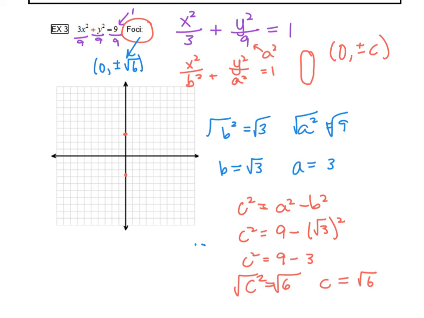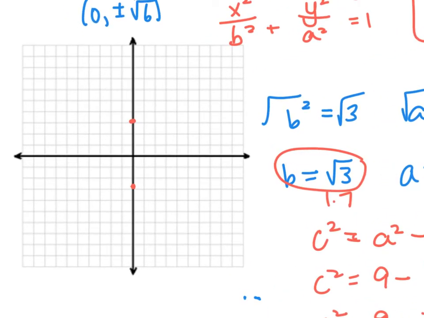And then the square root of 3, here's our b value, is about 1.7. So I'm going to estimate, maybe I'll zoom in a little bit. 1.7 is about there, 1.7 is about there, and now we can draw our ellipse through those points. And there's that vertical ellipse like we predicted it would be from the beginning.